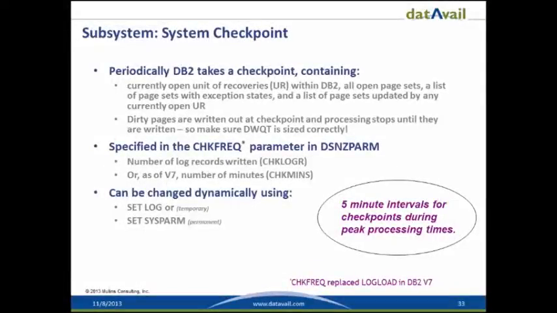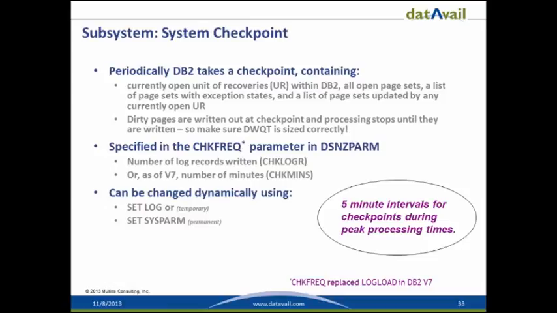Okay, we've also got system checkpoints. Periodically, DB2 will pause long enough to take a checkpoint and write out records, and it has information about currently open units of recovery, open page sets, and exception states, and it uses this to speed up the restart process if DB2 goes down and comes back up.